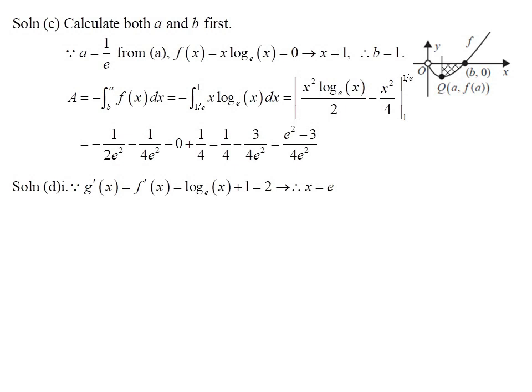In part D, function g(x) equals f(x) plus k, where the domain of g(x) is greater than a and k is a real number. Subpart 1 is to find the value of k for which y equals 2x is a tangent to the graph of g(x). So, g'(x) equals f'(x) equals logarithm base e of x plus 1 equals 2, which gives x equals e.